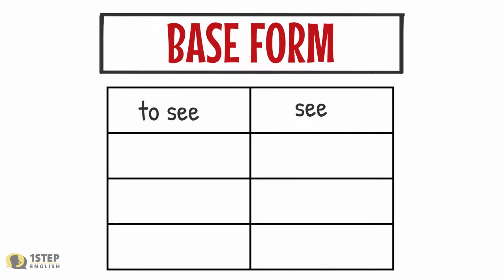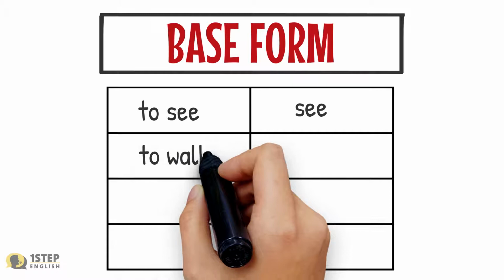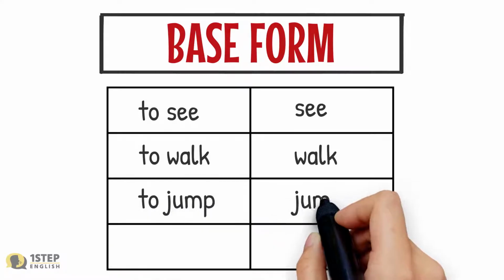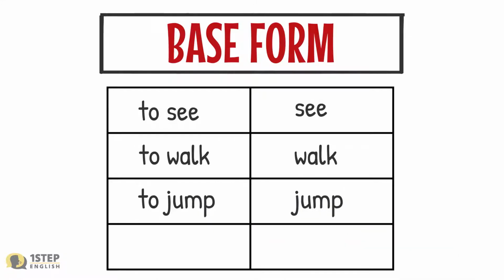When conjugated, it is to see. When on its base form, it's only see. To walk becomes walk. When conjugated, it is to walk. When on its base form, it's only walk. To jump becomes jump. When on its base form, it's only jump.